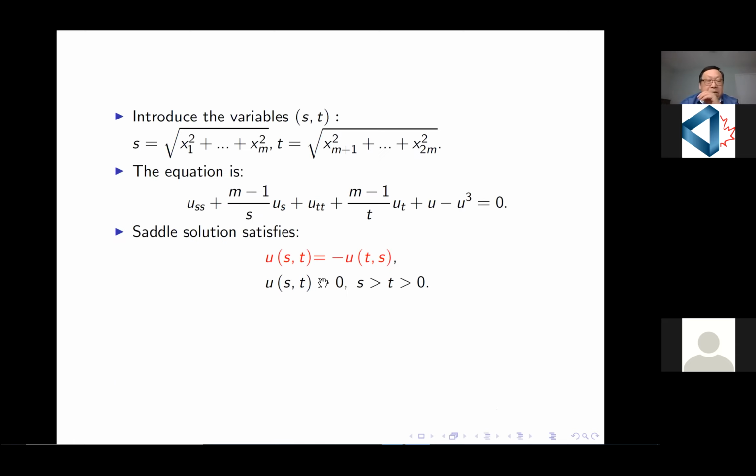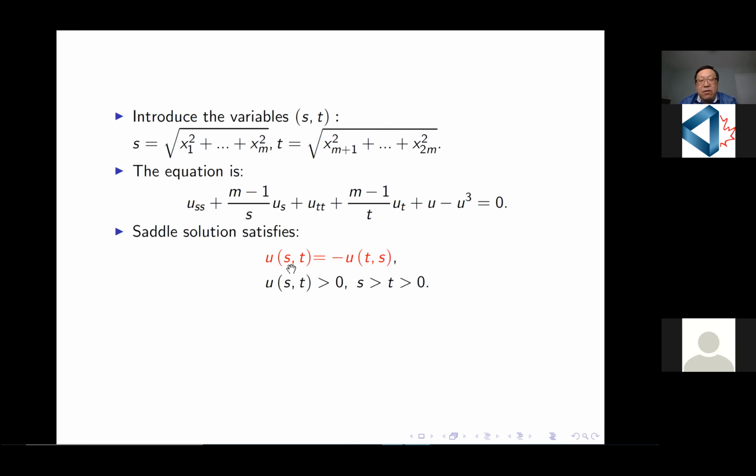If we introduce 2 radial coordinates s and t, and look for a solution which is axially symmetric in s and axially symmetric in t, then this becomes just a 2-dimensional problem.